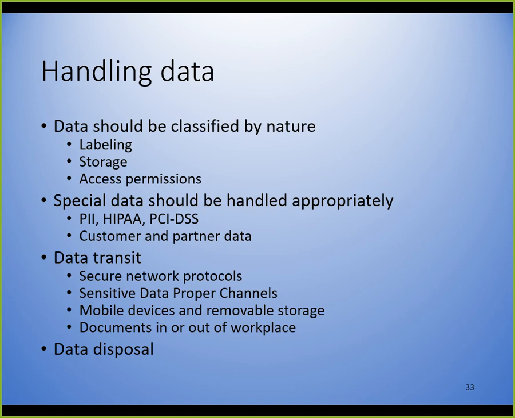For those devices, mobile devices and removable storage have always been an issue, but it's getting more and more difficult, I think, to deal with. The removable storage gets bigger and bigger, and it does more and more. And mobile devices have lots more capability than they used to have.